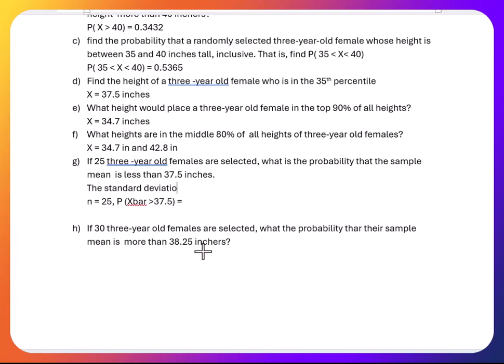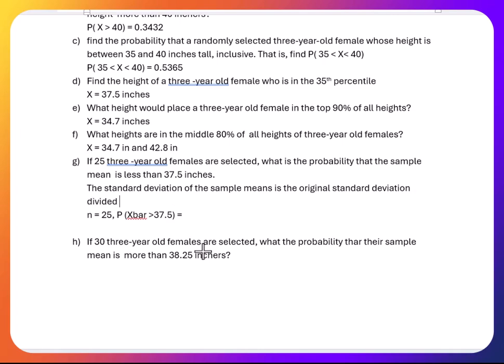The mean remains the mean, it doesn't change. But the standard deviation of the sample means is the original standard deviation divided by the square root of the sample size, which he gave us, which is 25. So my standard deviation is going to be 3.17 divided by the square root of 25.